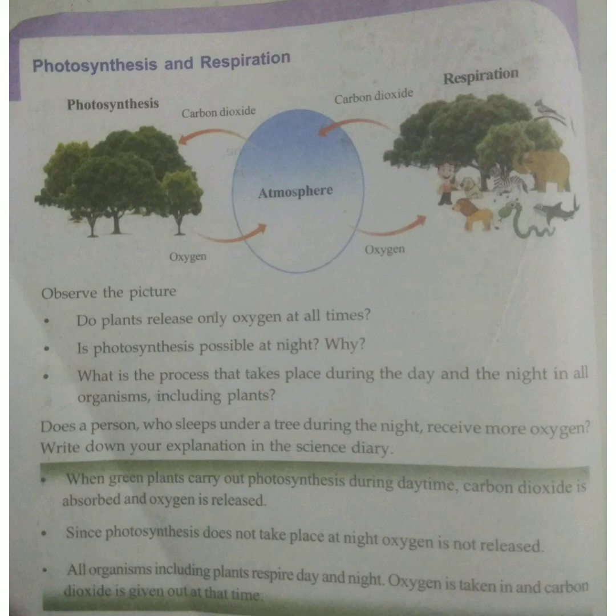Does a person who sleeps under a tree during the night receive more oxygen? Write down your explanation in the science diary. When green plants carry out photosynthesis during daytime, carbon dioxide is absorbed and oxygen is released. Since photosynthesis does not take place at night, oxygen is not released. All organisms, including plants, respire day and night. Oxygen is taken in and carbon dioxide is given out at that time.